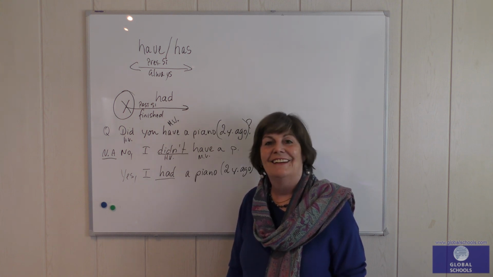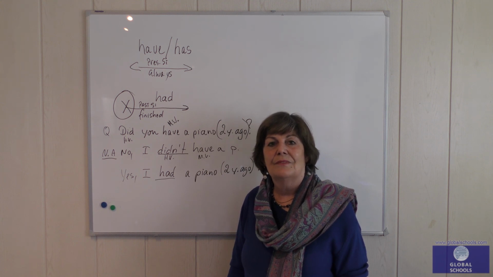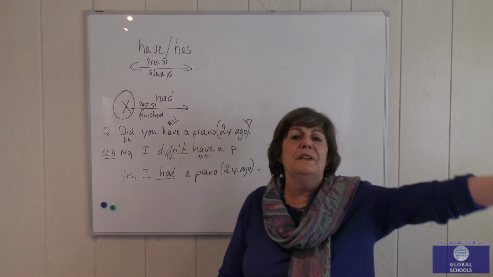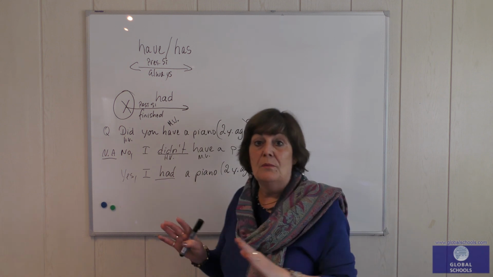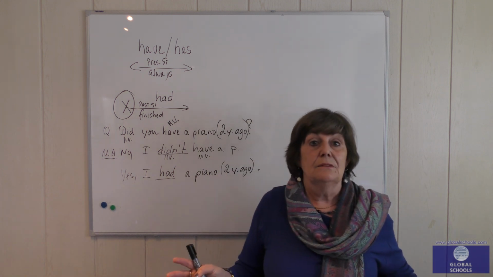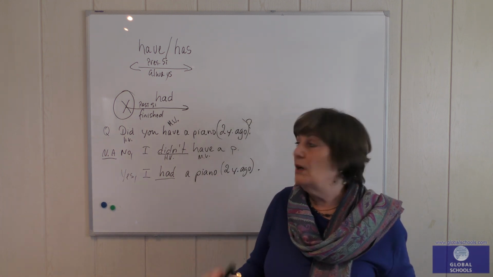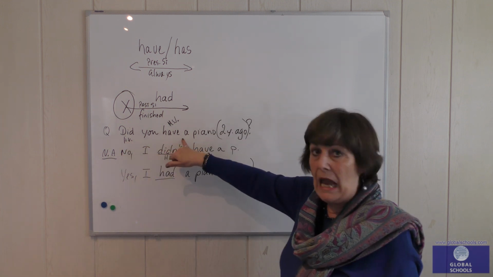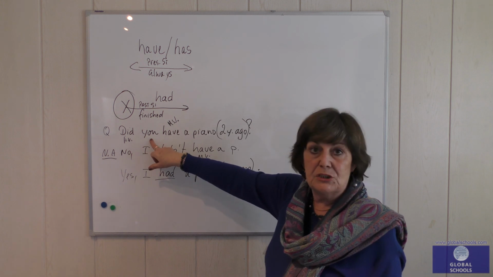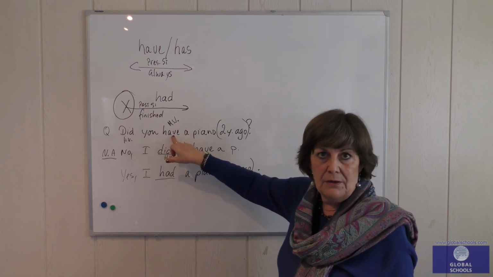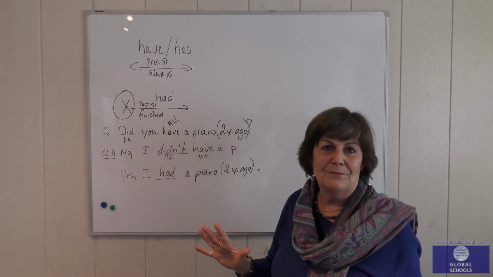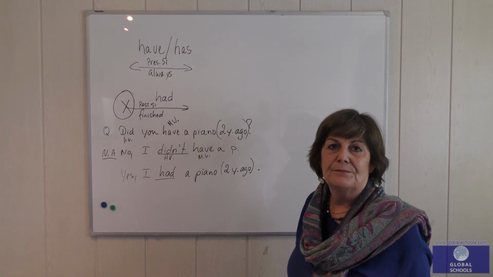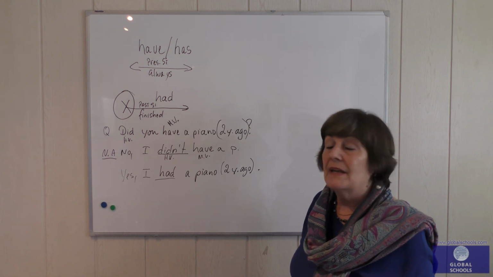Exactly. And what happens with he, she, it? Do I also have to put an S? Oh, Rafa, super easy. In the finished form, forget the S. There is no S whatsoever. You see, I use helping verb did. Did you have? I could also say, did she have? It's all the same. And then the affirmative would be yes, she had the piano.